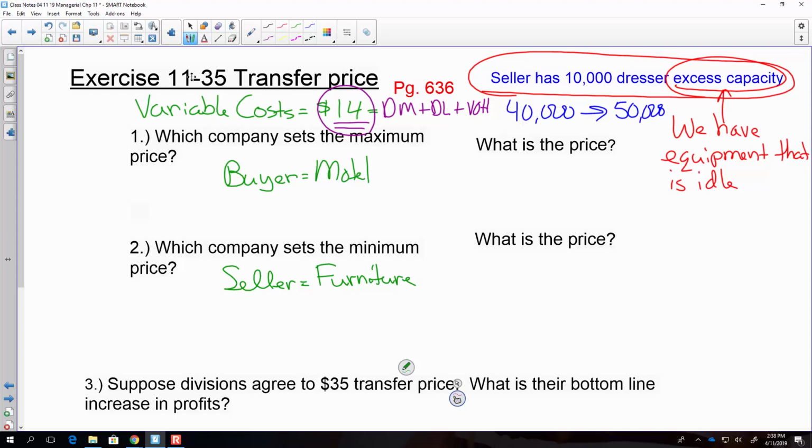The minimum price. So this is the floor. The max is the ceiling. So guys, what is the amount for the ceiling now at this point?